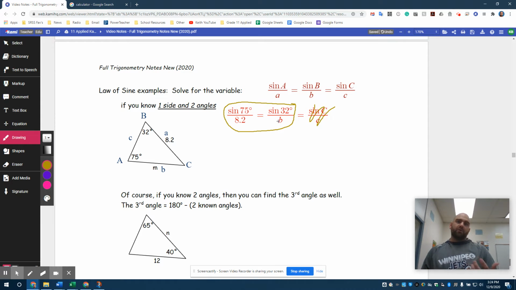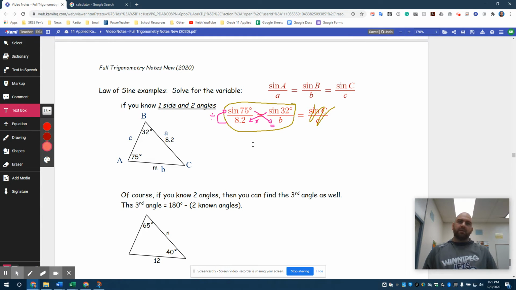So in this case, we want to cross multiply and divide. But when we do, we always start in the fraction that has one piece missing, and we start with the piece we know, not the piece we're missing. So in that case, it's sine 32. We multiply across, going down, and then we divide by our third piece, and that's going to equal b, our missing piece.